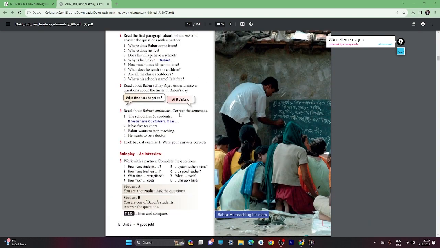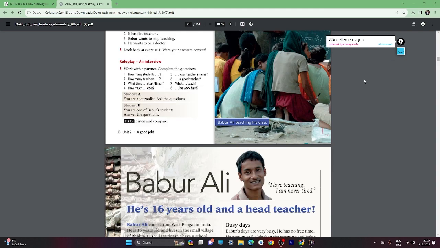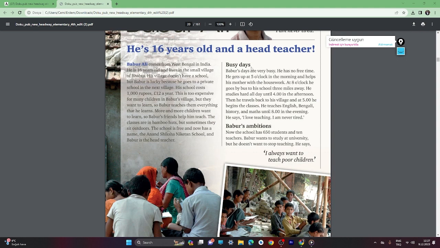So let's go to practice third. In this practice, read about Babur's busy days. Ask and answer questions about the times in Babur's day. So we read it, busy days. So we can ask some questions. Let me erase these and let's write new type of questions. Babur's days are very busy. He has no free time.